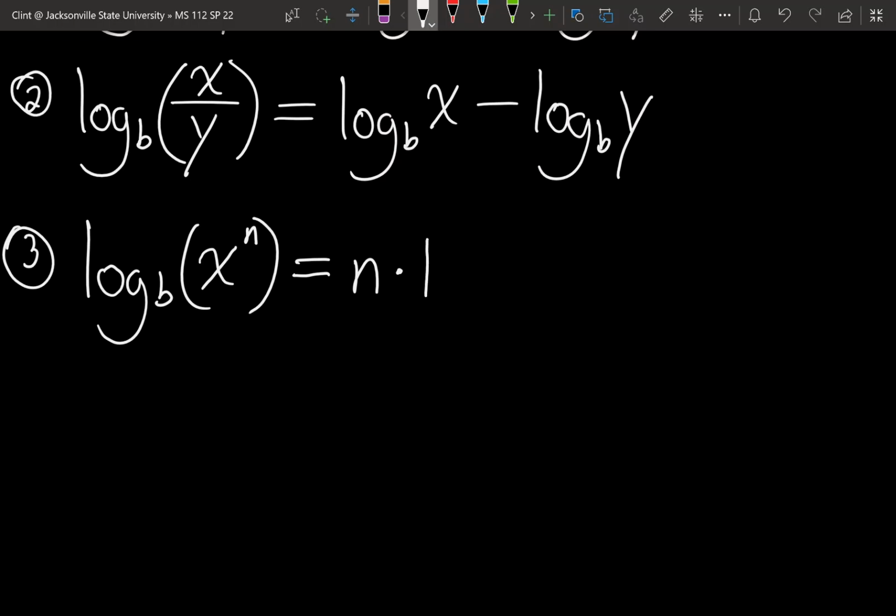That's n times the log of just x. So that one's saying if we have an exponent inside of a logarithm, we can move that out front and multiply the logarithm by that exponent.